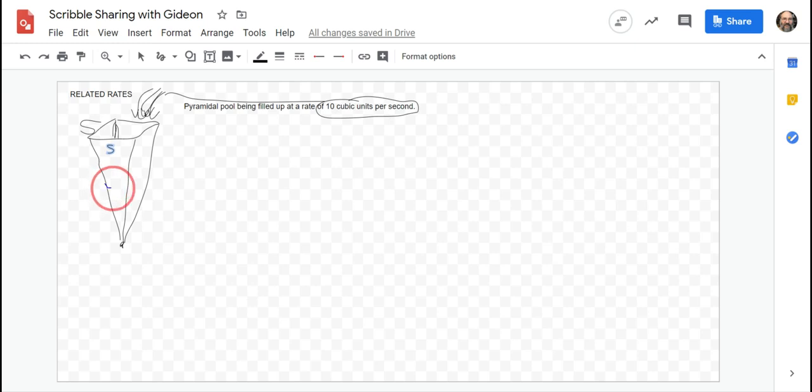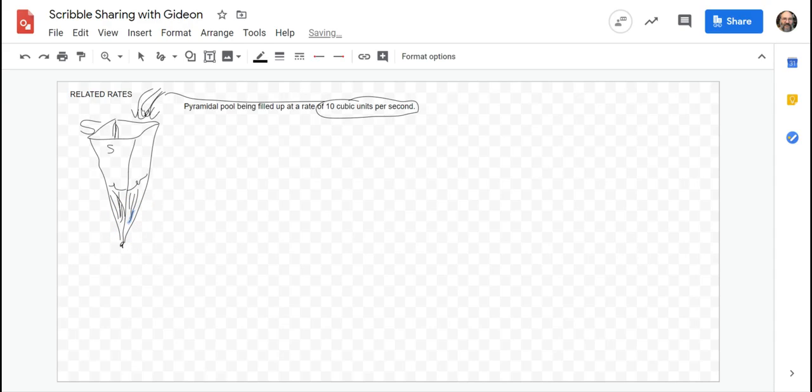So I'm just going to draw some generic water about halfway full. Picture, not to scale. And I'm going to shade down below the water to really give that indication of, hey, there's water down there.